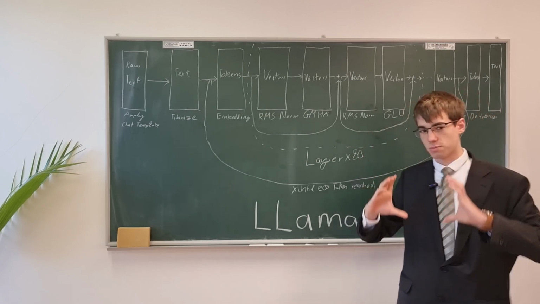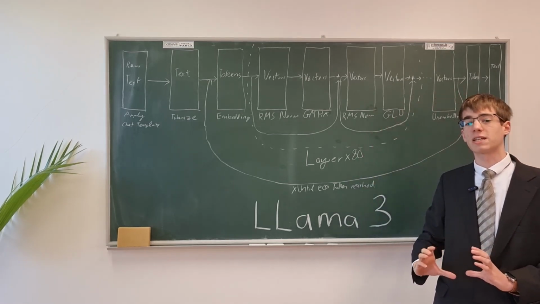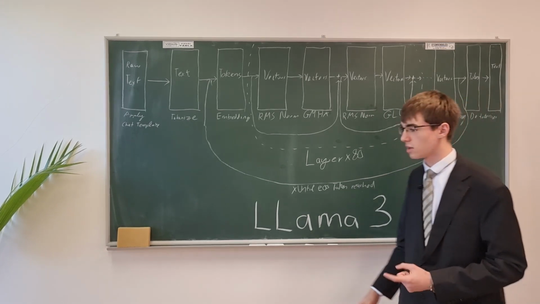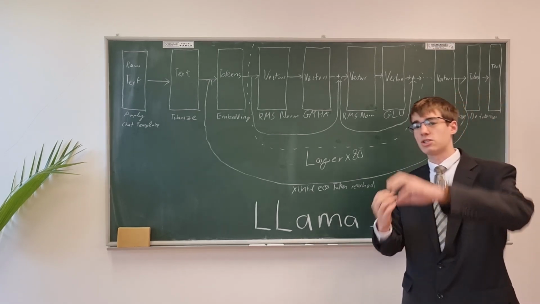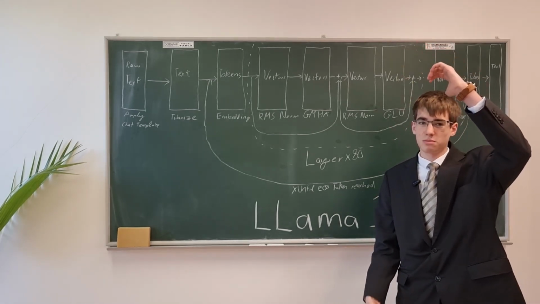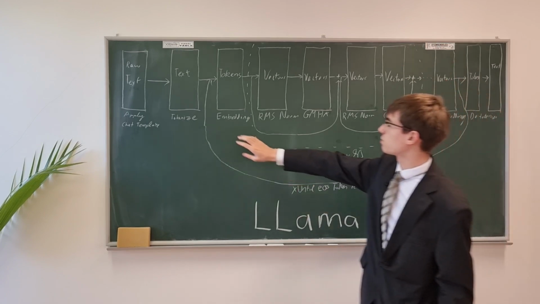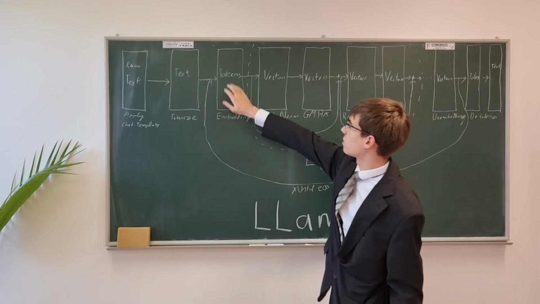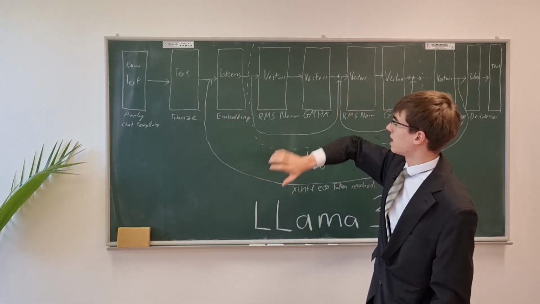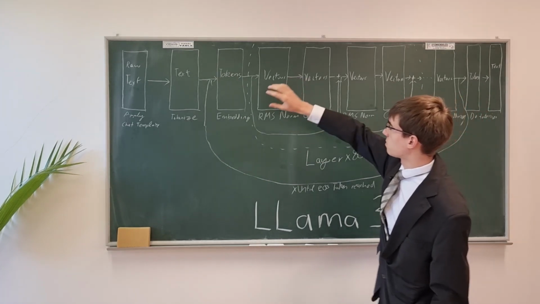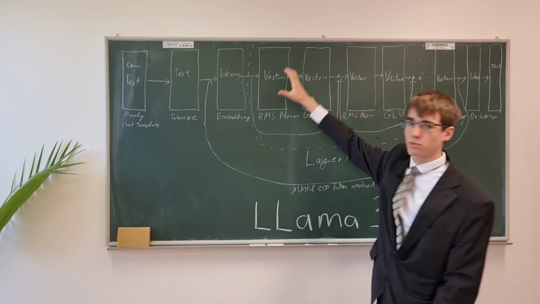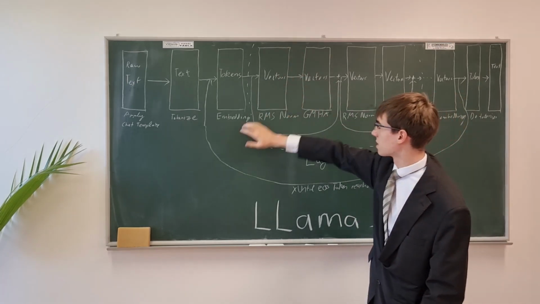And all of these attributes can't really be represented by one single number. So what we have to do is take this number and expand it out into multiple numbers which capture the meaning of the word. And this is called embedding. When we take our token, which is one number, and expand it out into multiple numbers, a set of multiple numbers is called a vector. So that's embedding.